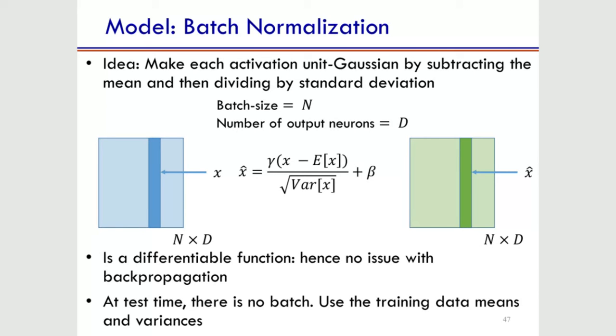Let's say our batch size is capital N. Ignore the previous CNN tensor pictures for now. Let's just imagine that we have N different observations, N different images. Those are the rows, and then capital D number of neurons.